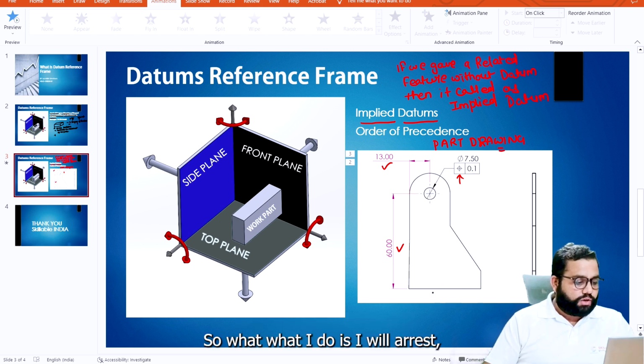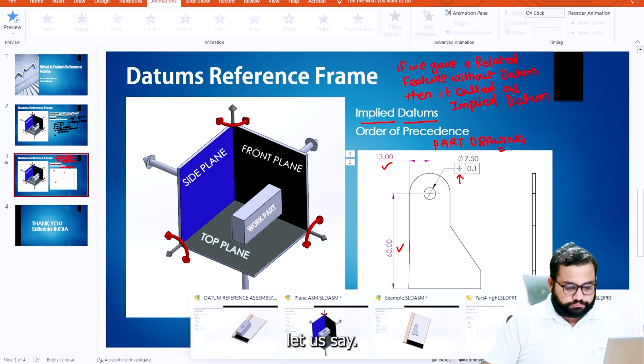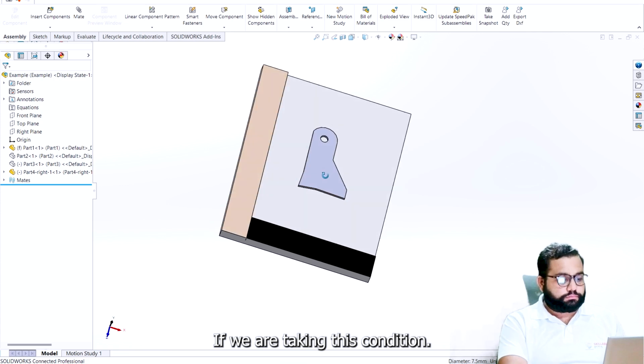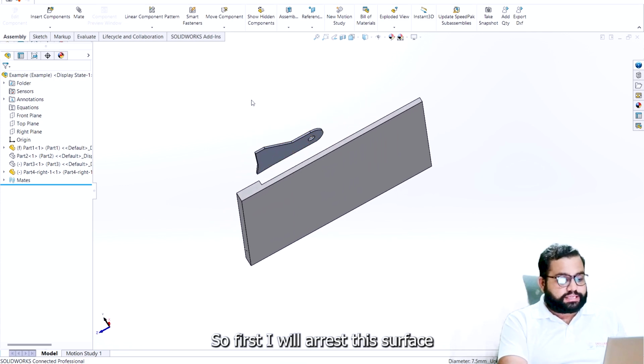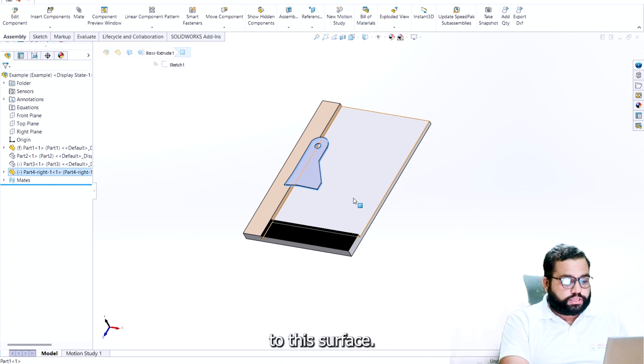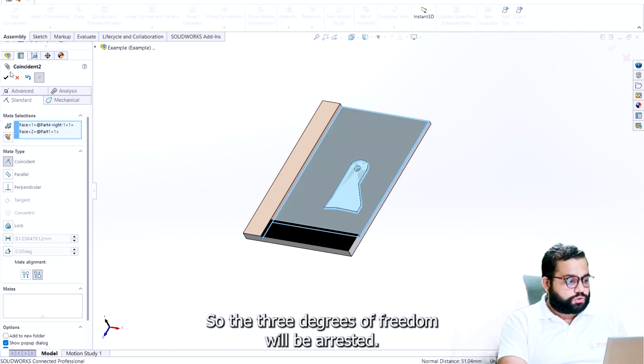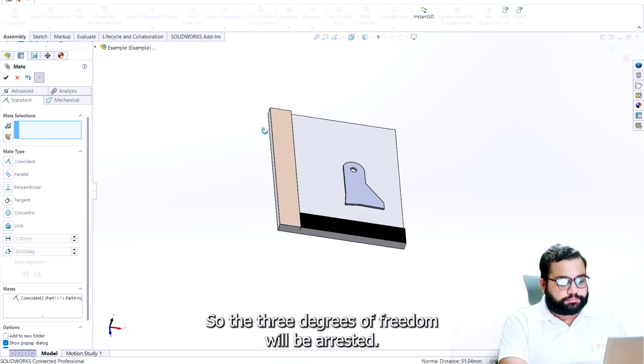So what I do is, taking this condition, first I will arrest this surface to this surface. The three degrees of freedom will be arrested.